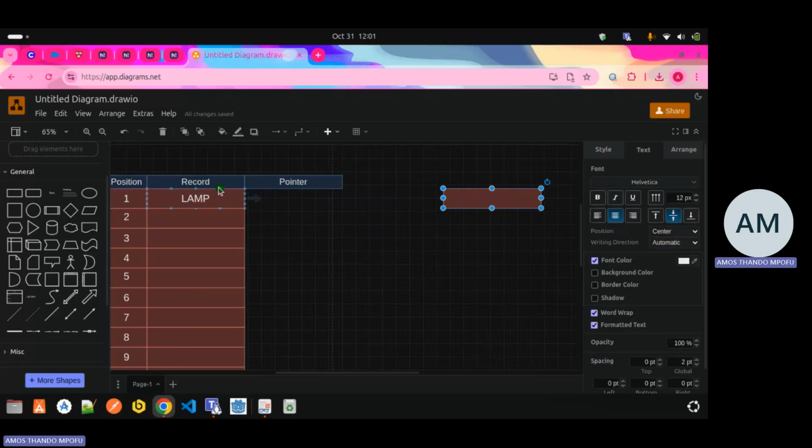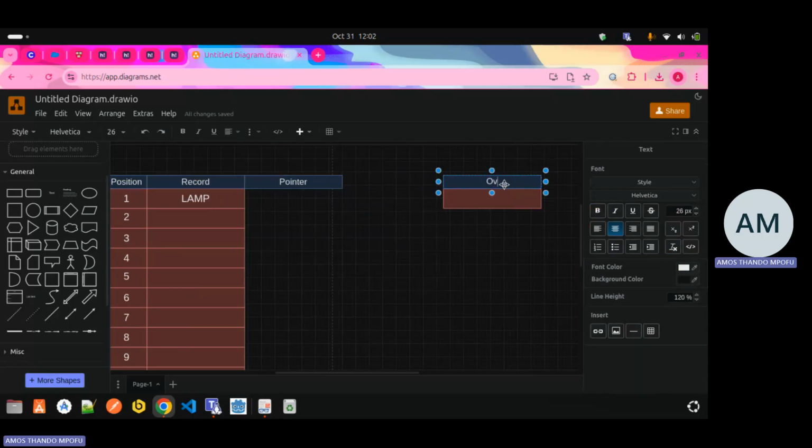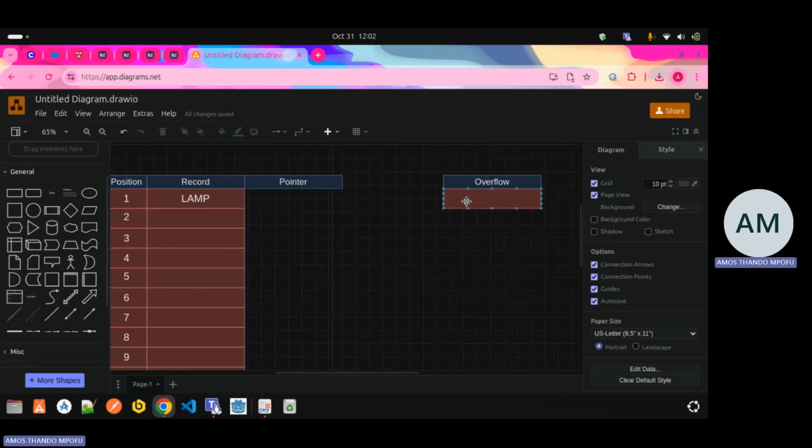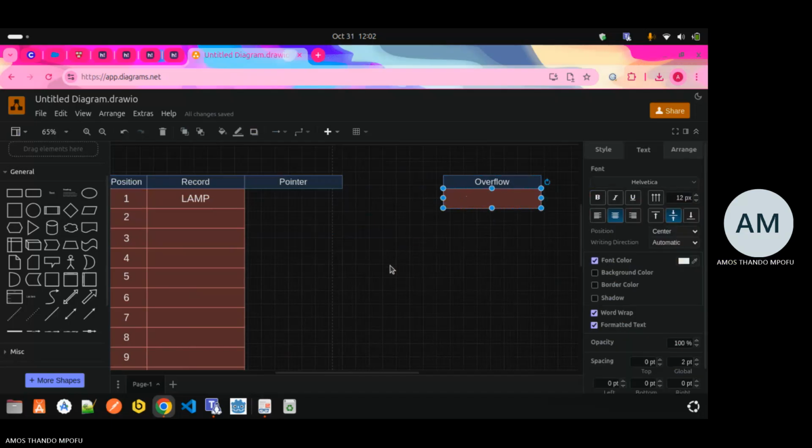I forgot what heading you put there, but I think you say overflow if I'm not mistaken. So I'm going to go to the top here and say overflow. And then I'm going to copy, paste.